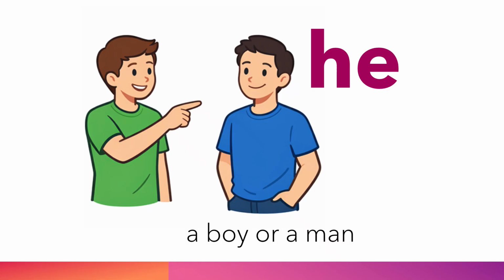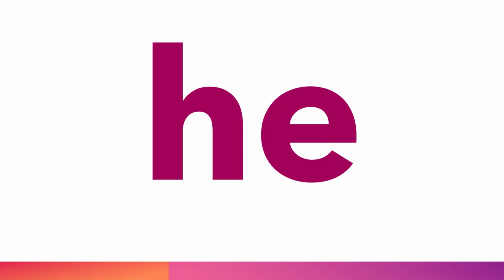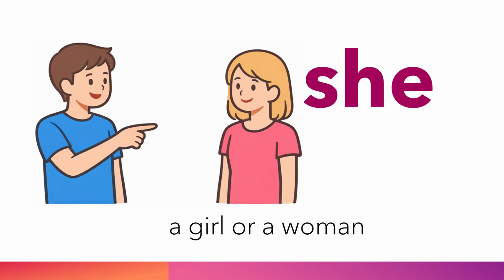We use the pronoun he to talk about a boy or a man. He. We use the pronoun she to talk about a girl or a woman.